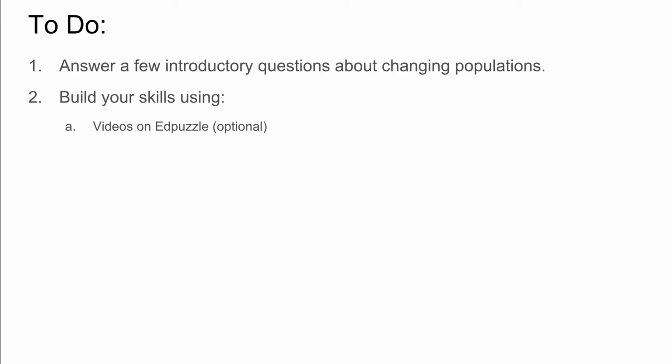Those are explanations of the content and they're interactive, so I think they'll be a good way for you to learn the content. There are also practice assignments on Khan Academy. You'll see those in the document for this level. I recommend you do this practice. Some of the best ways to build skills in math is by practicing with problems.